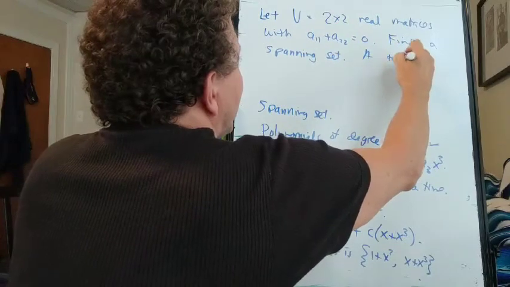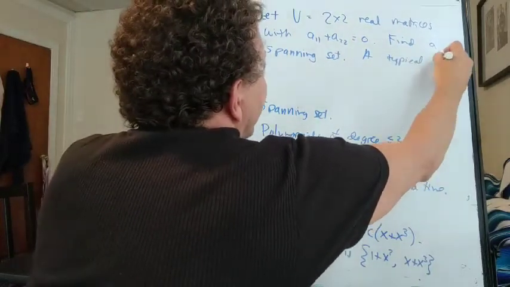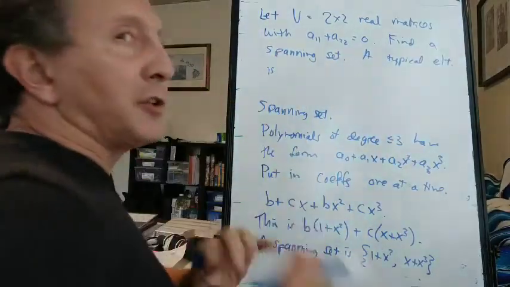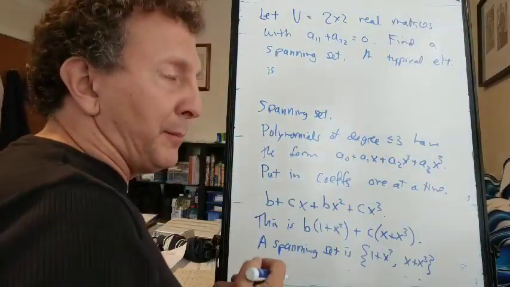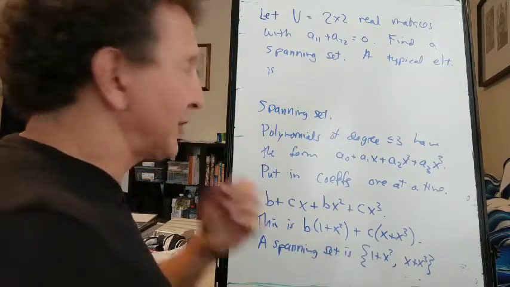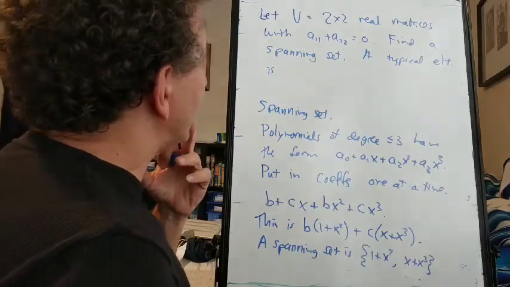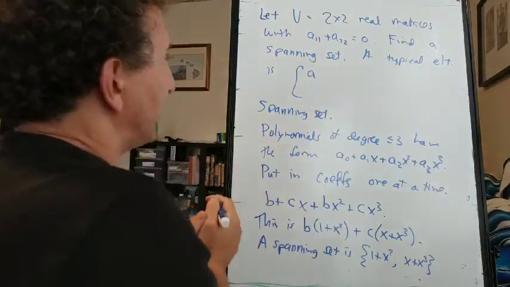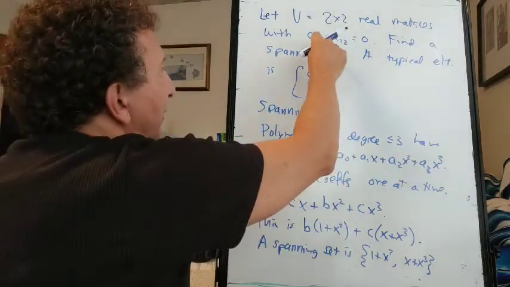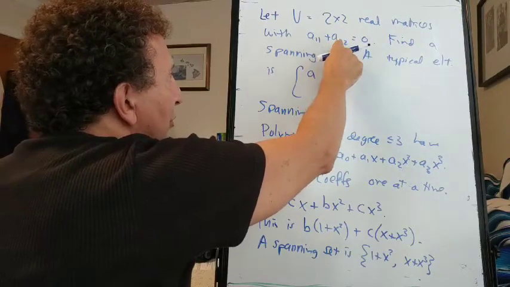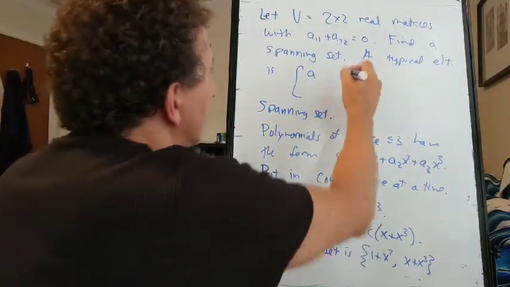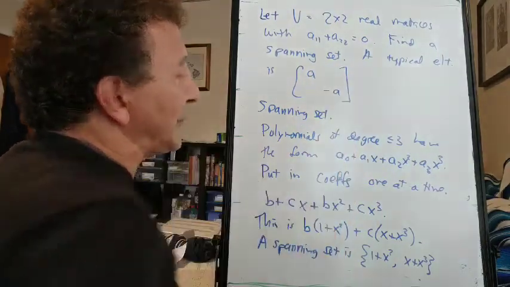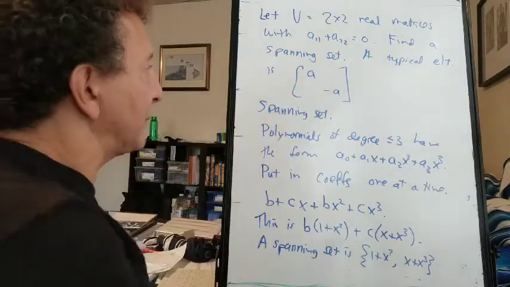So we write down a typical element, putting in the coefficients one at a time and then thinking about what gets forced by each coefficient we put in. Let's say we put A in the 1, 1 position. Now we know that the 1, 1 entry plus the 2, 2 entry have to add up to 0, so that forces the 2, 2 entry to be negative A, because otherwise they're not going to add up to 0.